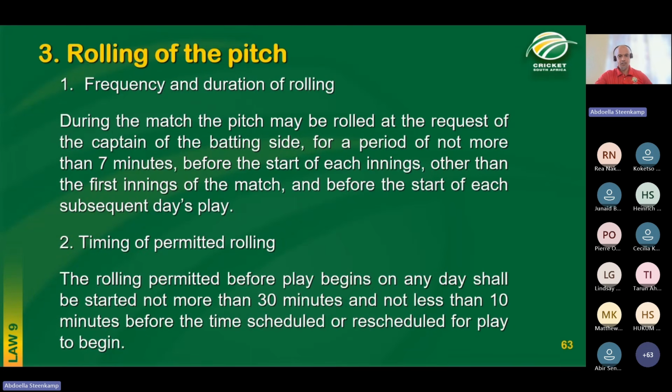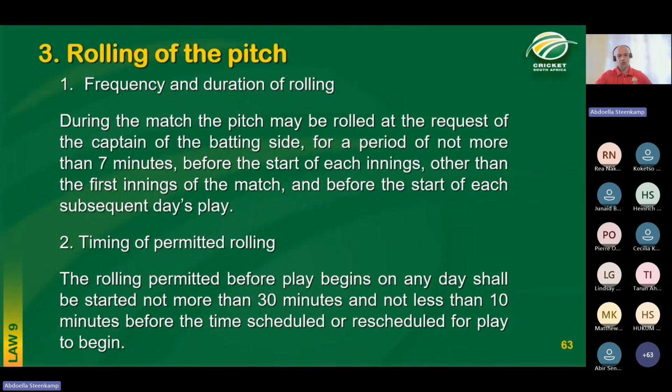So when will this rolling take place? There's a 20-minute window period for this rolling to happen. If play starts at 10 o'clock on day 2, anytime between 9:30 and 9:50, rolling can take place. Similarly, on day 3, if it starts at 10, anytime between 9:30 and 9:50. Same principle for day 4 and day 5.